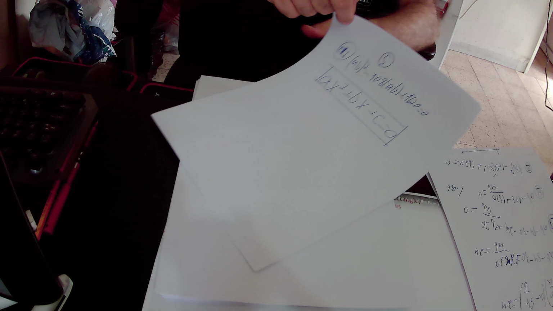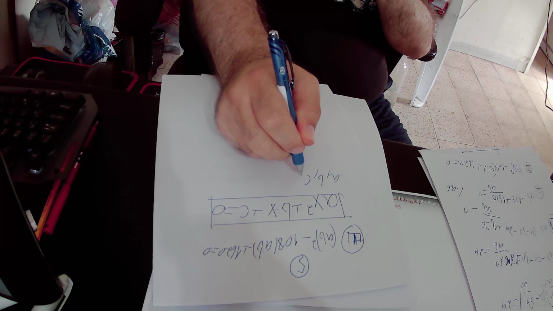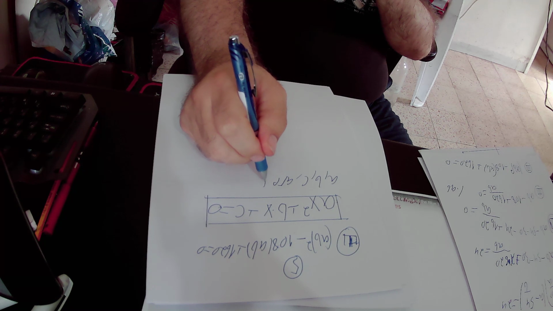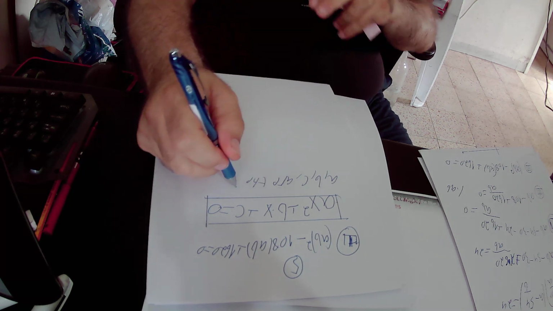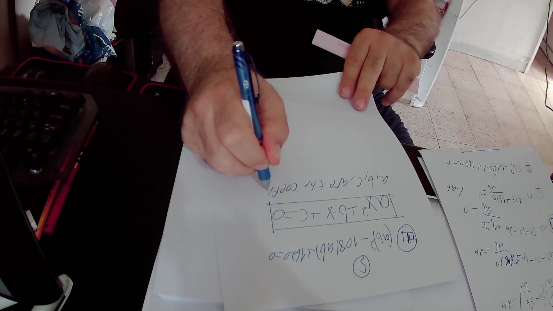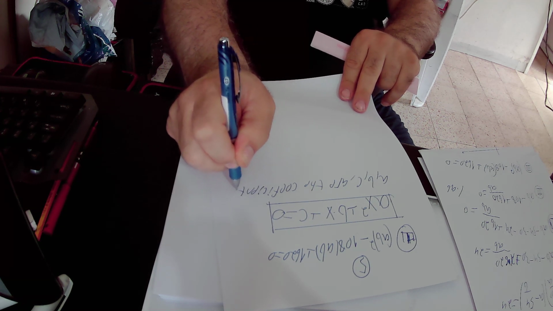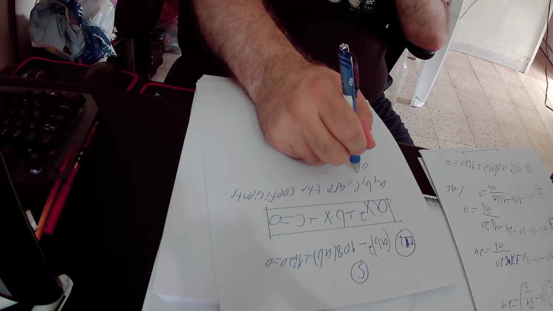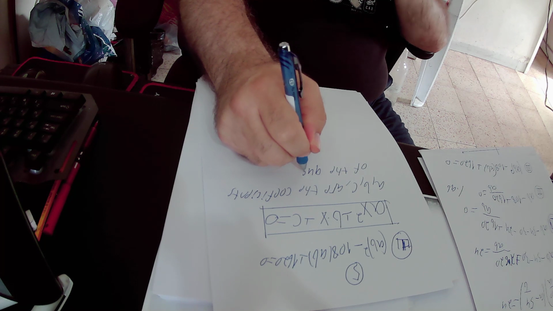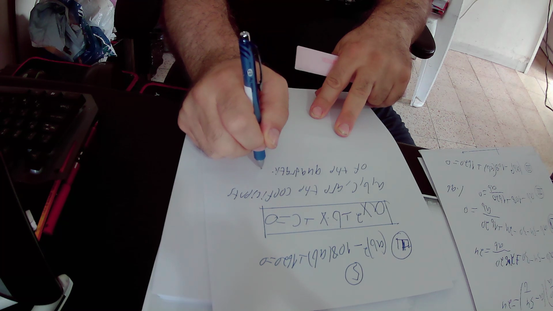Okay, so I write it down. A, B, and C are the coefficients of the quadratic equation.